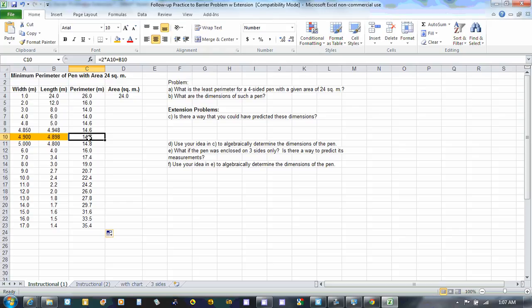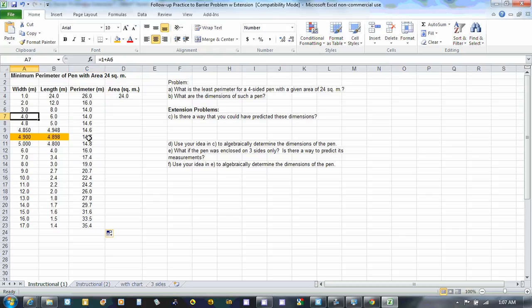So it looks as though dimensions of 3 and 8 and then 4 and 6 are giving me 14 as the minimum perimeter. Which I guess begs the question, could there be a width value that's intermediate to these that is going to produce a perimeter that's smaller, that falls in between those two 14s?